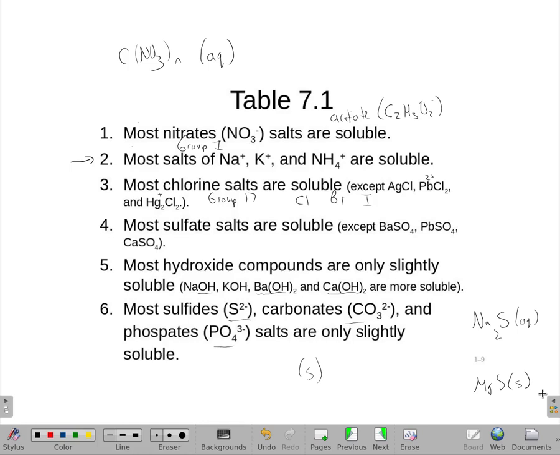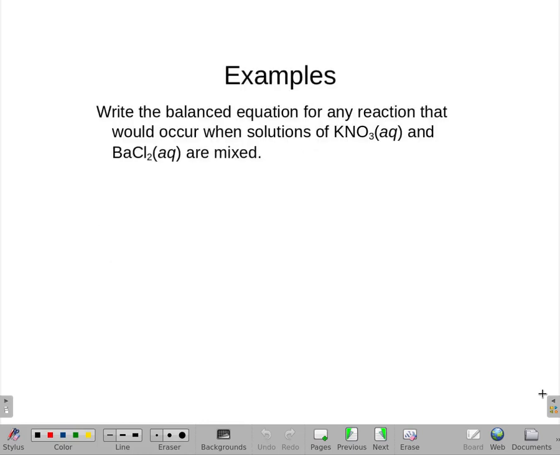All right, let's look at how we're going to see a question like this. We want to balance an equation that would occur if we mixed potassium nitrate with barium chloride. Now, even though we know that there is no potassium nitrate and barium chloride floating in the solution, it would actually be potassium ions and nitrate ions, we're not going to write it that way. In this equation, we're going to leave them together because that was what the solution was that we mixed.